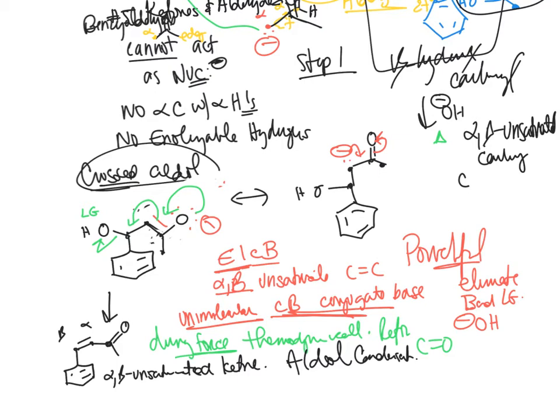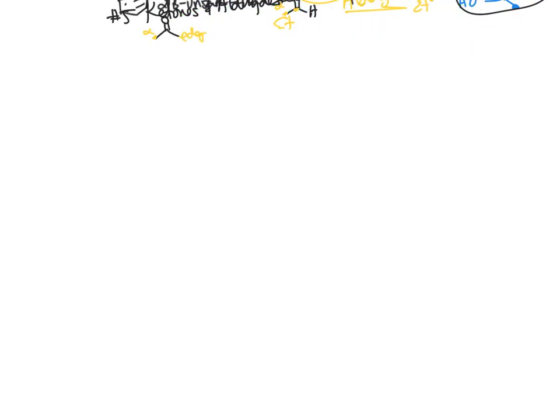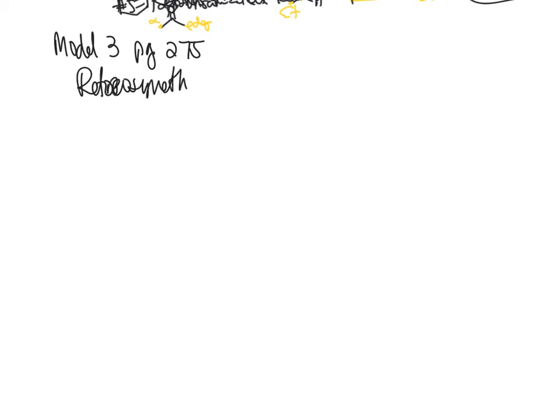Okay, model 3. We're on model 3, page 275. Oh yeah, you're going to have to be able to take these molecules and do a retrosynthetic analysis of the aldol condensation.